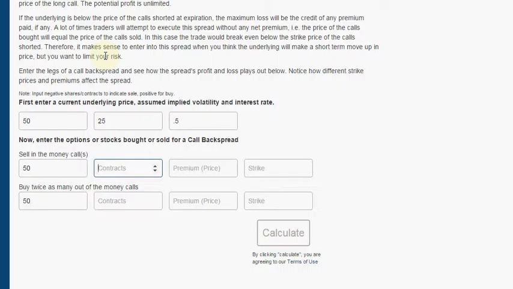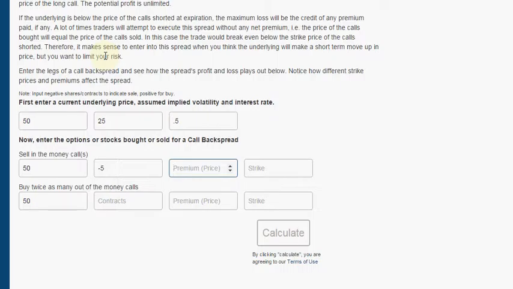And we are going to sell 5, just to make it a nice round number, of in the money calls. So in the money will be 45, because an in the money call strike price is going to be below where the underlying is trading.